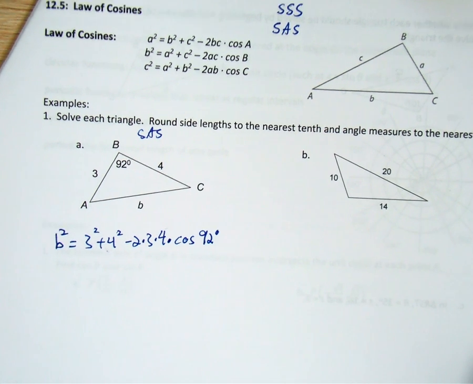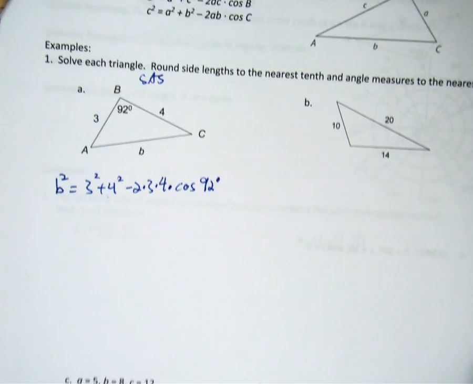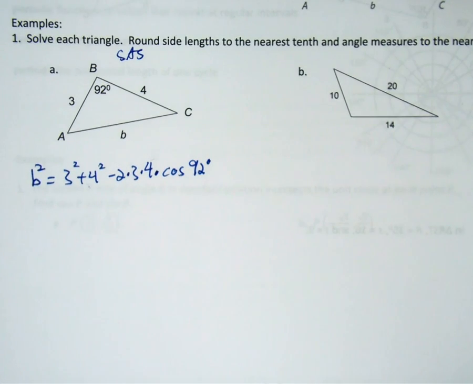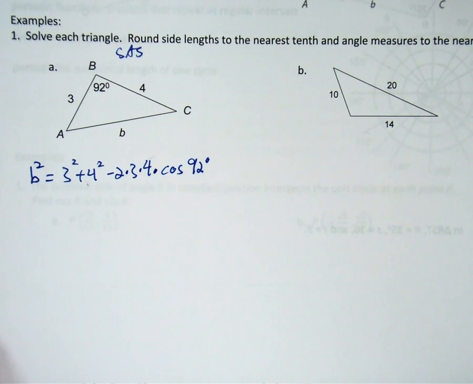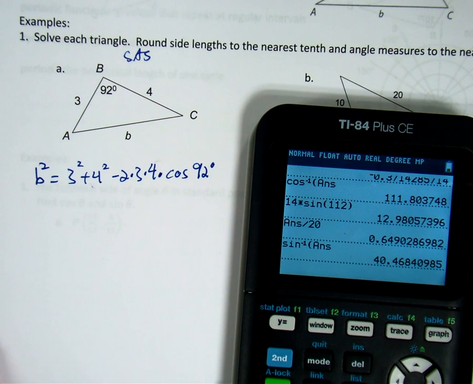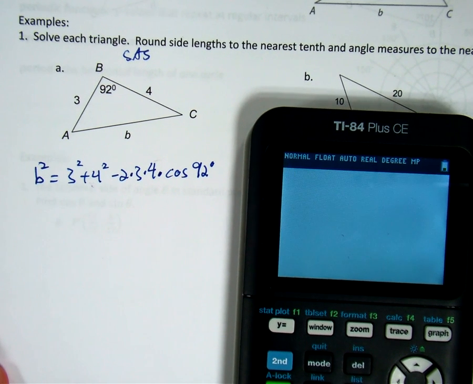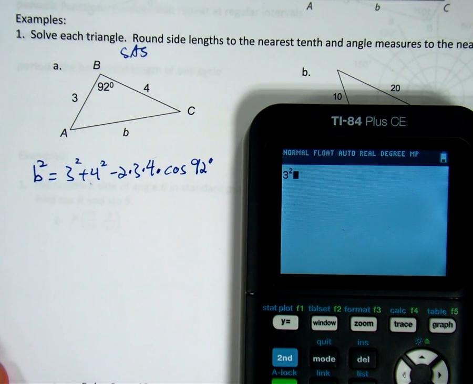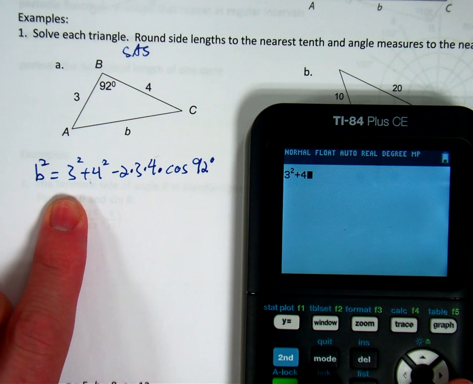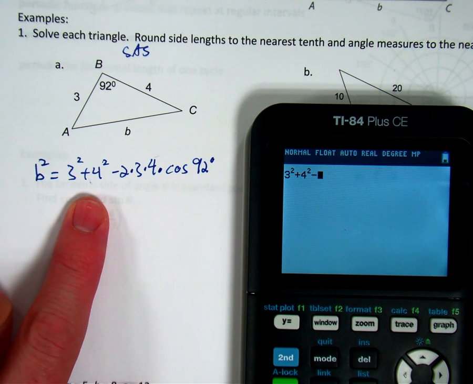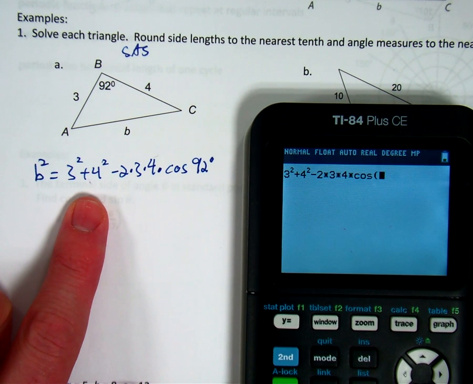So these types of problems aren't that bad because you can just type it all in. So we have 3 squared plus 4 squared minus 2 times 3 times 4 times cosine 92.